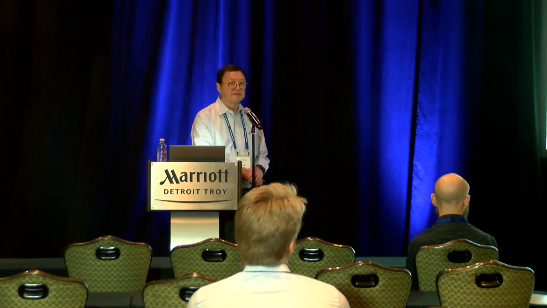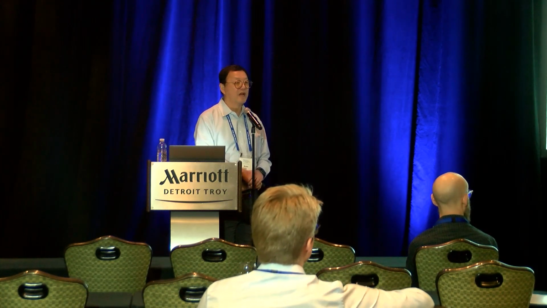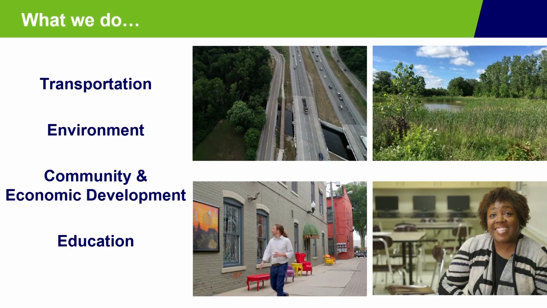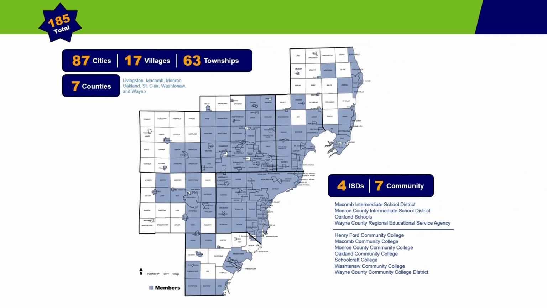Just a little bit about SEMCOG. So we have 2 functions. Every major metropolitan area in the nation has an organization like us. One of our functions is we are the local government membership organization.